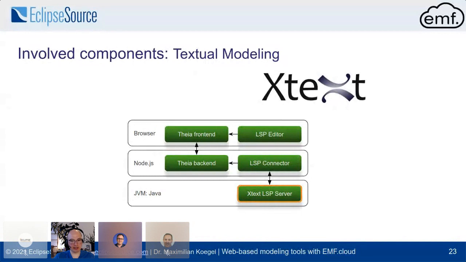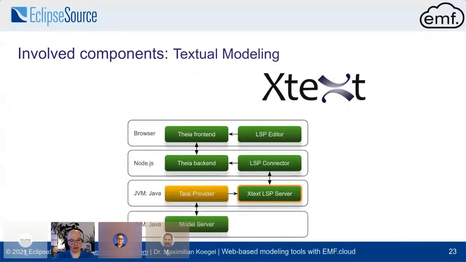And the Xtext LSP server is a little bit of a special component. It's mostly green because it's just generated by the Xtext framework. The only thing you have to give the Xtext framework for that is a grammar that describes your DSL. And the other thing we added to that is a task provider, because somehow this Xtext editor needed to know what are the available activities or tasks from the actual semantic model of the coffee maker.